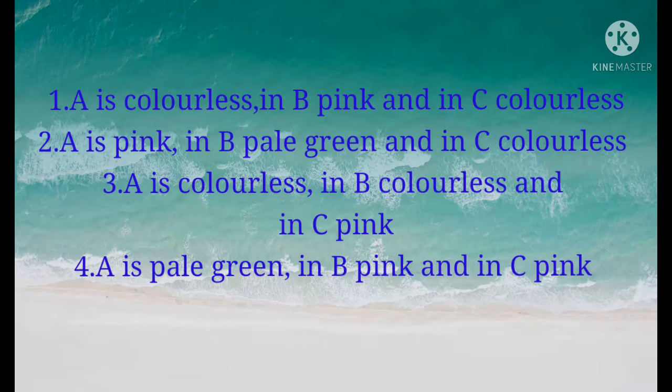Number 2, A is pink, in B pale green and in C colorless. Number 3, A is colorless, in B colorless and in C pink. Number 4, A is pale green, in B pink and in C pink.